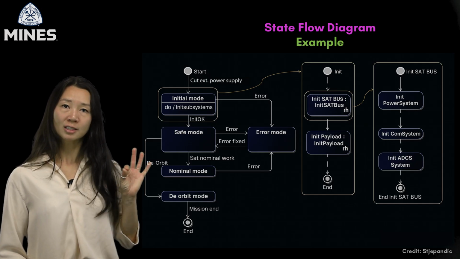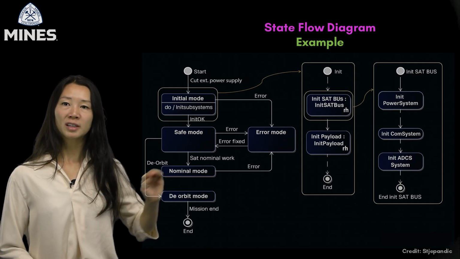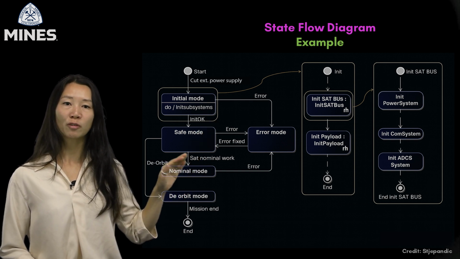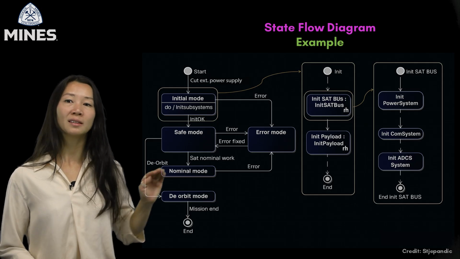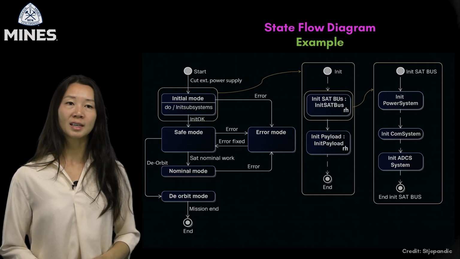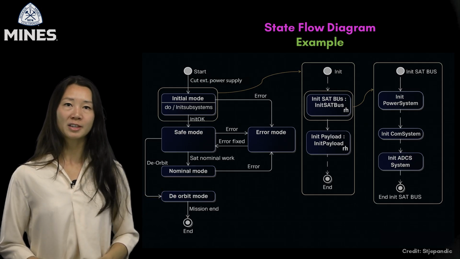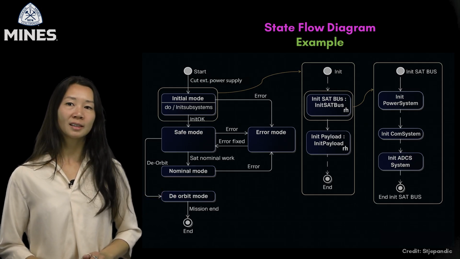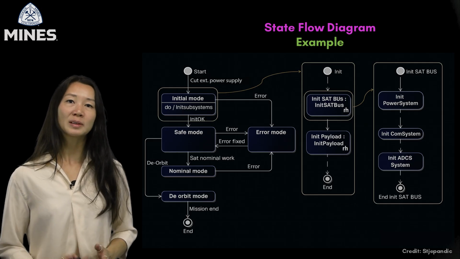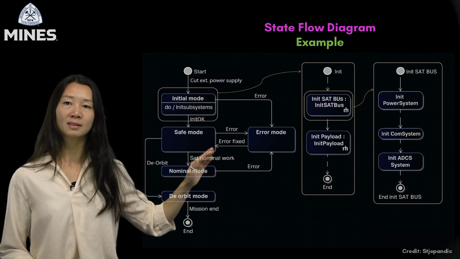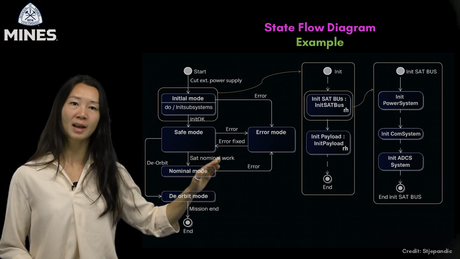If everything checks out, labeled here on the entry condition init OK, the satellite transitions to a safe mode. From there, you see the nominal working state, nominal mode, and a deorbit sequence later in the mission. Errors can kick the system into error mode. You can see that if the issue is resolved, the system transitions back into a safe state. So there's the error mode, and then back.